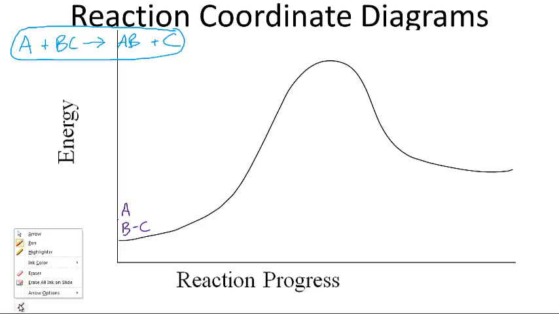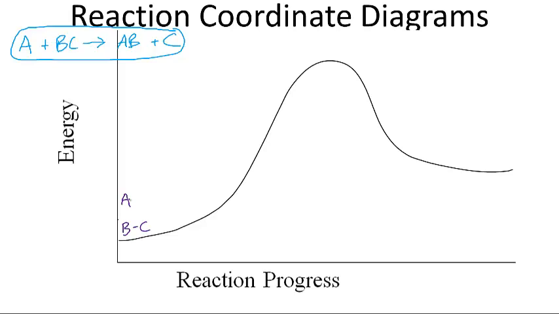Maybe I'll draw them a little farther apart. Now, as the reaction starts occurring, I'm going to start breaking the BC bond and I'm going to start forming the AB bond.